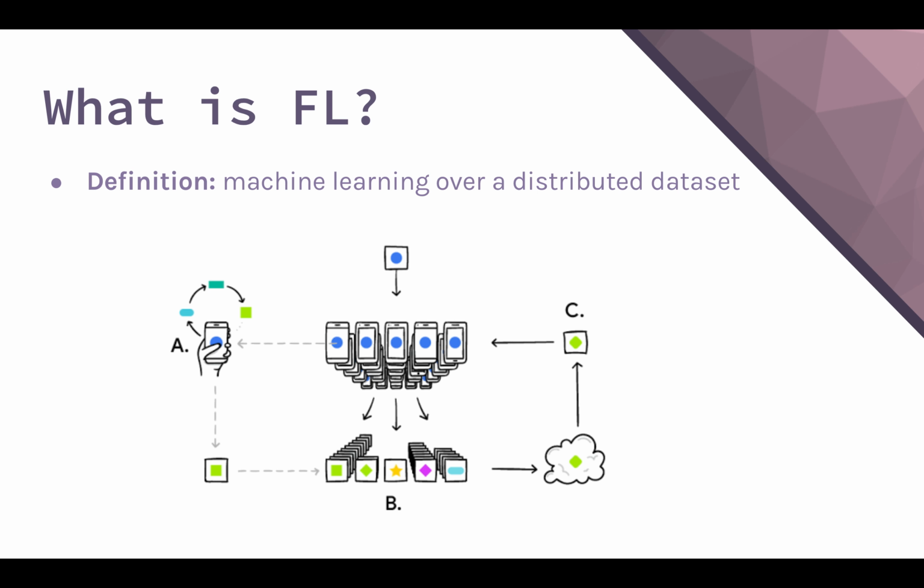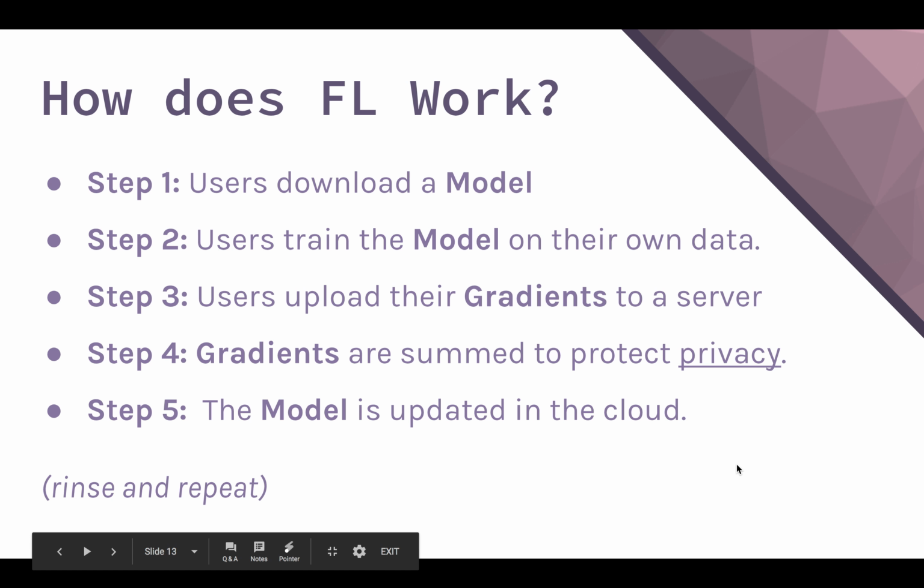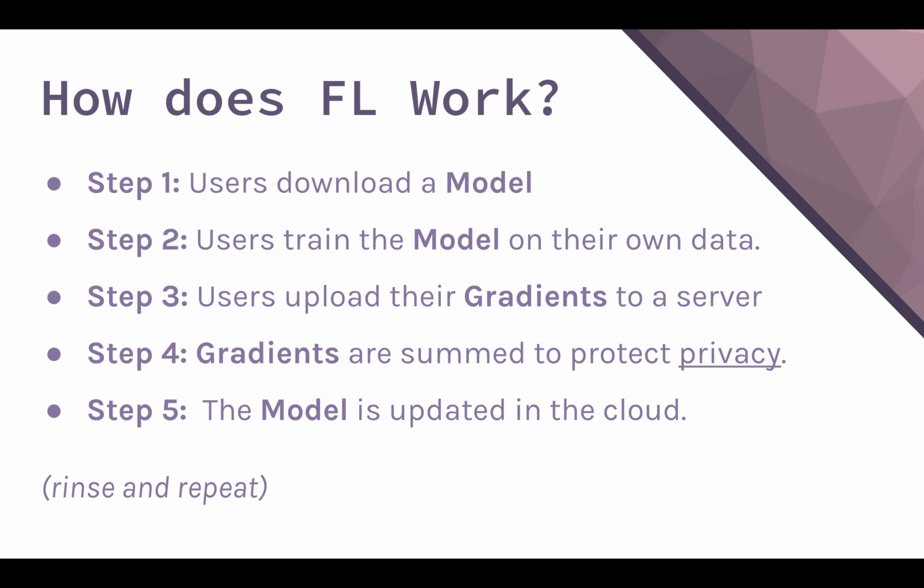As you are typing, the device will start to recommend what is going to be the next word in your sentence. This machine learning is done over a distributed data set, and that is where the mobile phones come into play.